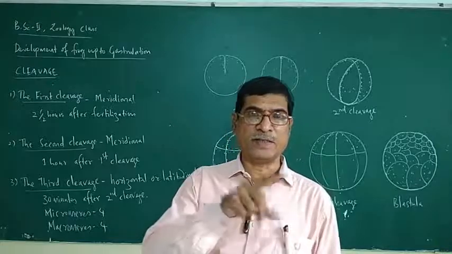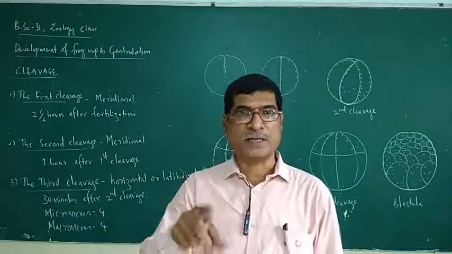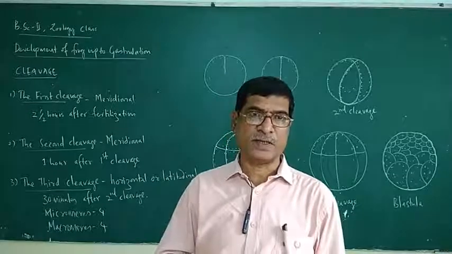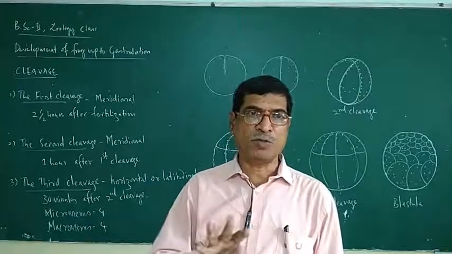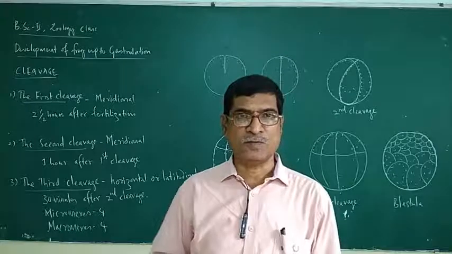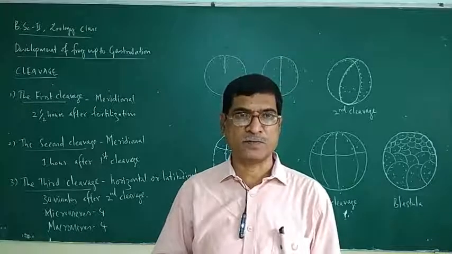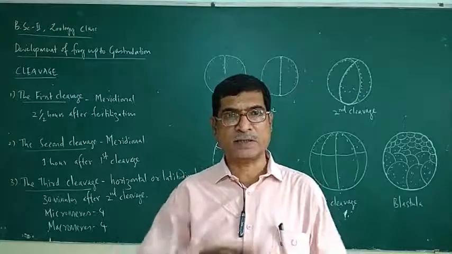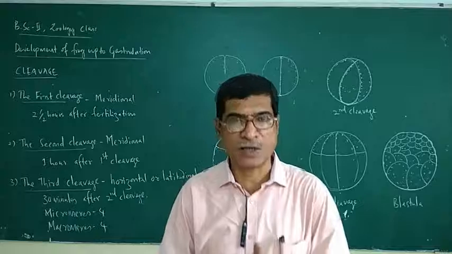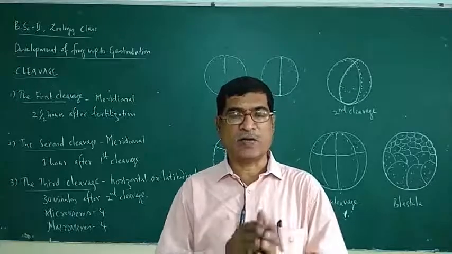Directly after M phase, it enters into S phase. From S phase again it jumps into M phase. Therefore, there is no much delay in between successive divisions. So continuous divisions of cells occur, and these are called cleavage.